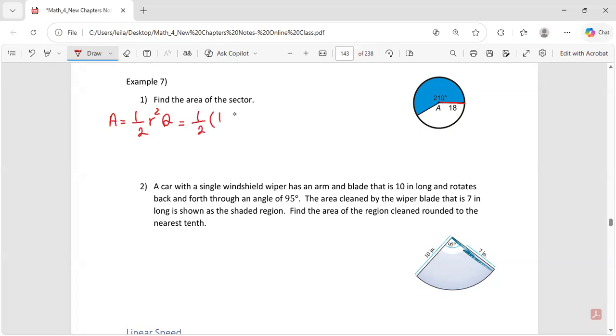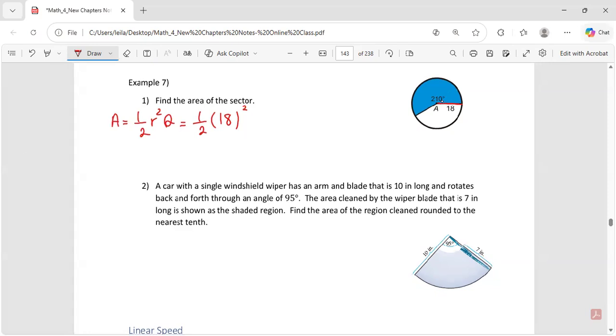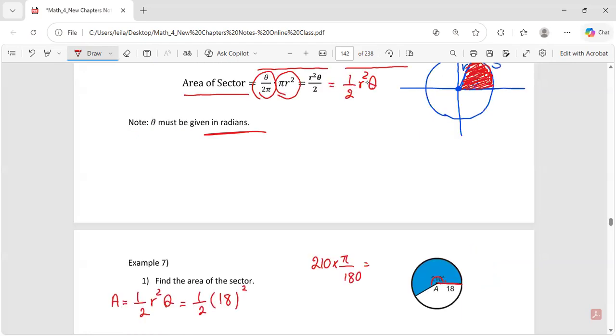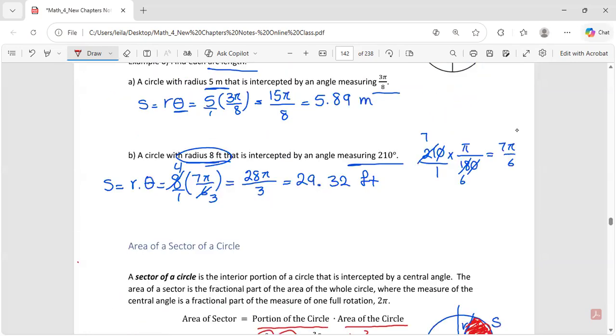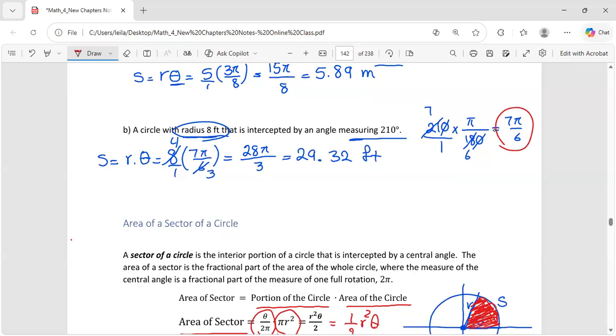We just replace the r by 18. Theta, or the angle, is 210, but we need it in radians. So we convert 210 to radians first. We did it here, which is 7 pi over 6.